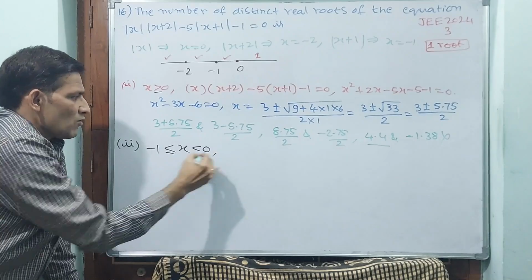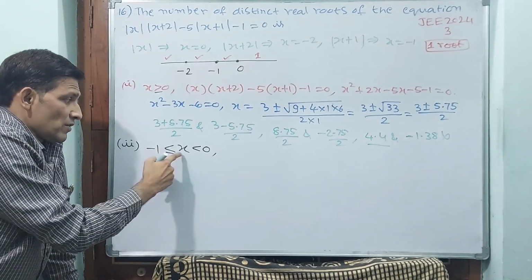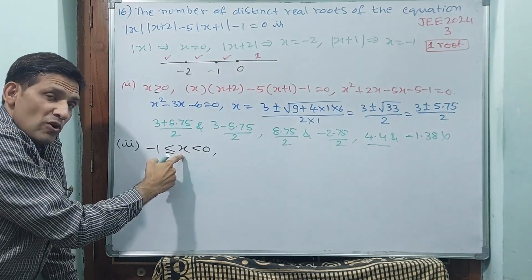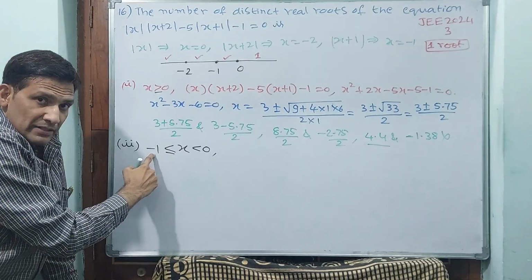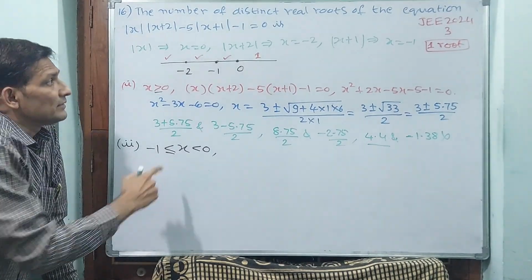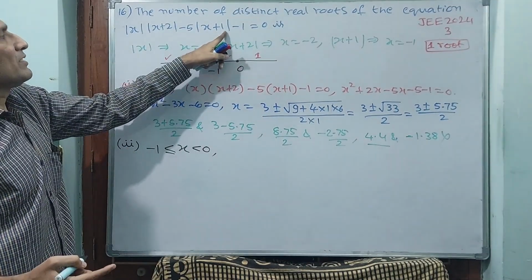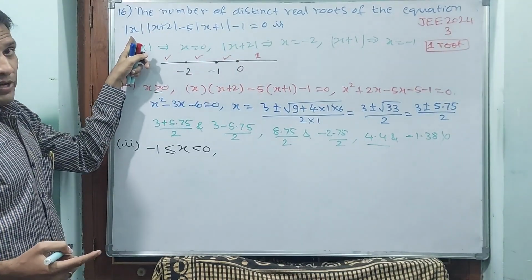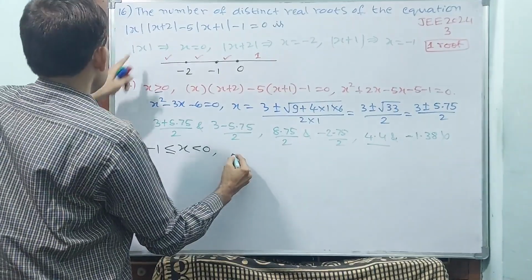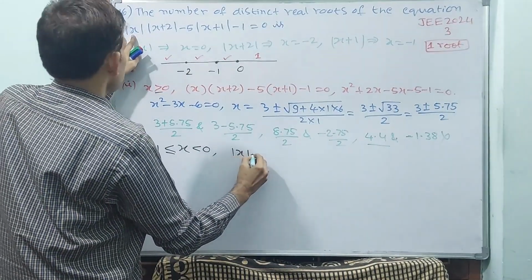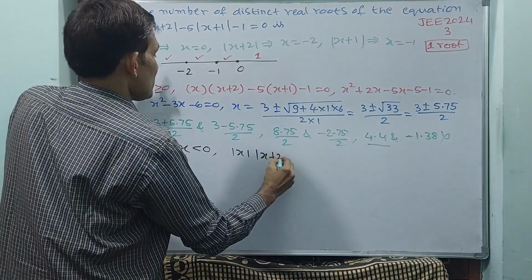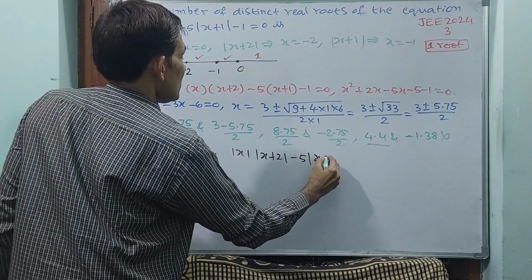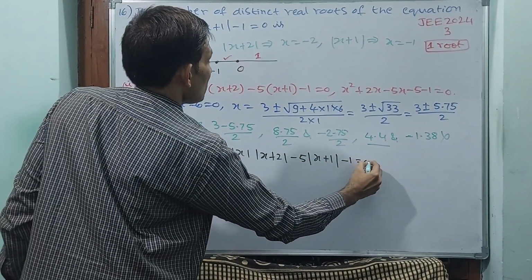Now you tell me, when x is less than 0 but greater than or equal to minus 1, what will happen to this equation? See, this is only going to become negative. See how we are writing: minus x into x plus 2 minus 5 x plus 1 minus 1 equal to 0.